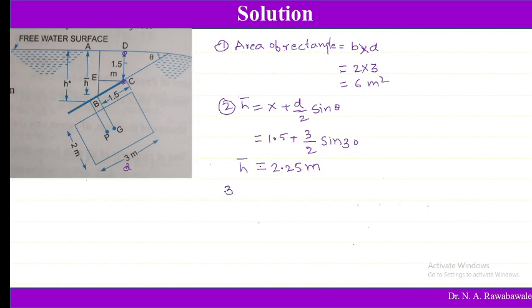Third, we need to find out Ig, moment of inertia about the axis passing through CG, that is nothing but b d cube divided by 12. Now we know b is 2 meter, d is 3 meters, 3 to the power of 3 divided by 12.